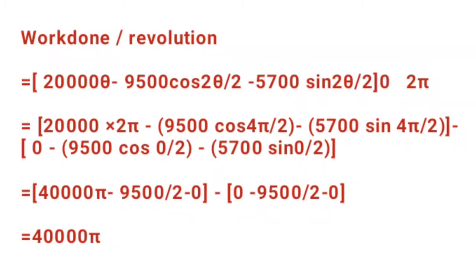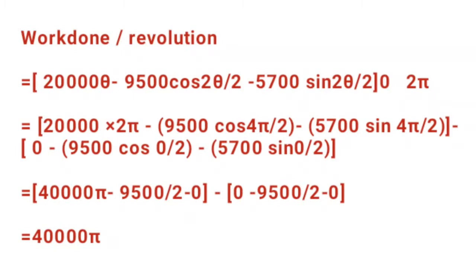Then in the second bracket we have to give minus sign, and in the second bracket again here is 0, 20,000 into 0, that is 0. Then if we put cos of 0, so cos of 0 is 1, so what is the answer here? Minus 9500 by 2, and sin of 0 is 0, so the whole term will become 0.